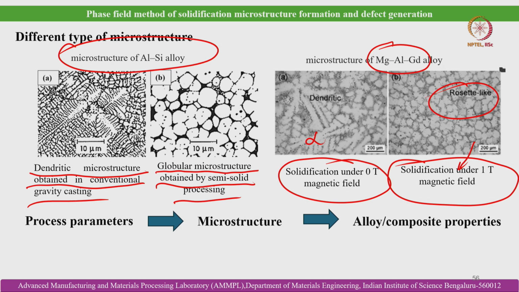So these are the different kinds of microstructure we generally observe in the cast parts due to the change in process conditions when the chemical composition is kept constant.